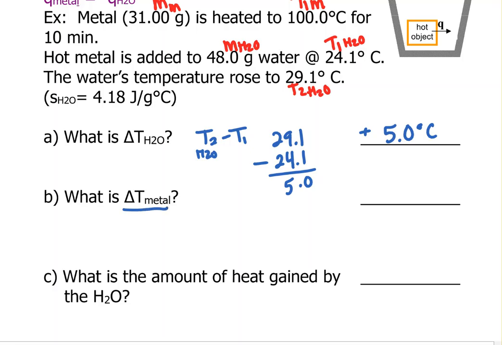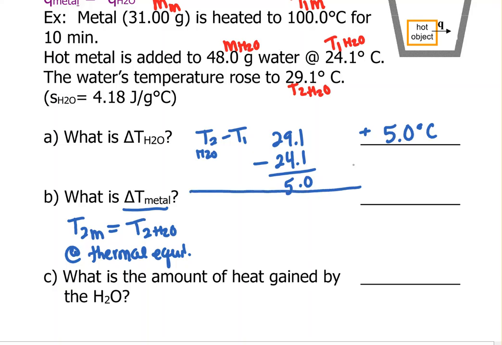To get the delta T for the metal, we need the T2 for the metal. And so what we were saying is that at thermal equilibrium, that is the same as the T2 for the water. They will both reach the same temperature in the end.